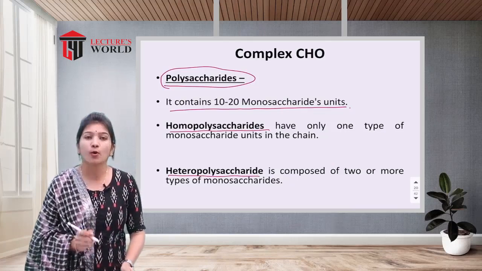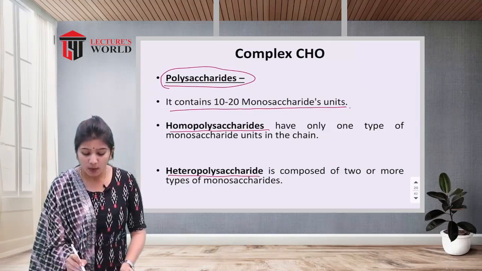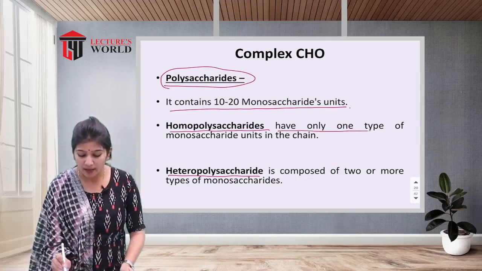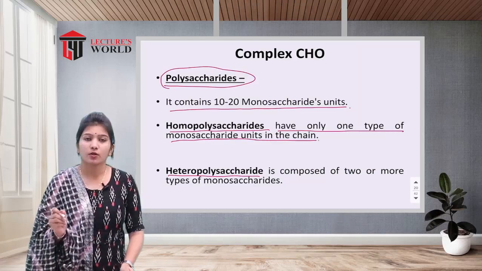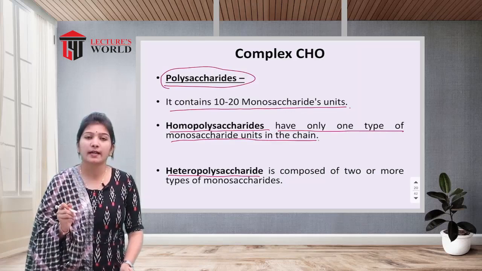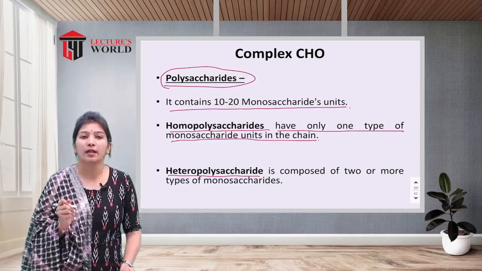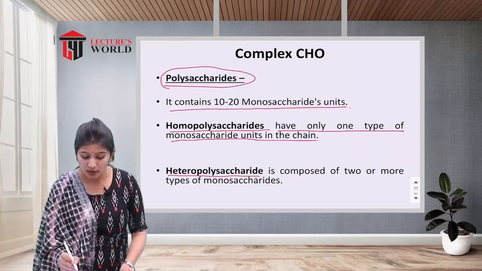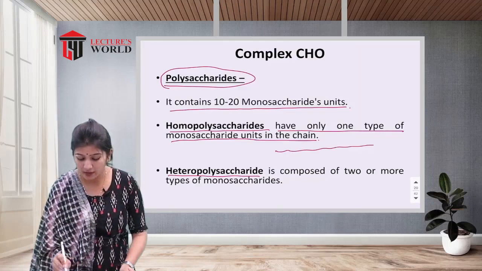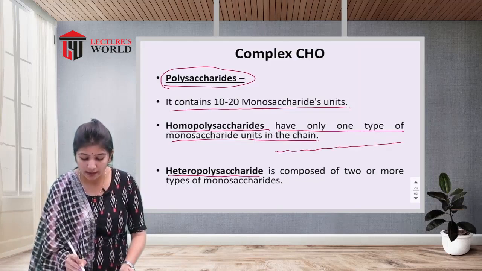What is a homopolysaccharide? Homopolysaccharides have only one type of monosaccharide unit in the chain. Suppose we take the example of glucose. This is a chain of homopolysaccharide, and every unit is a glucose unit.